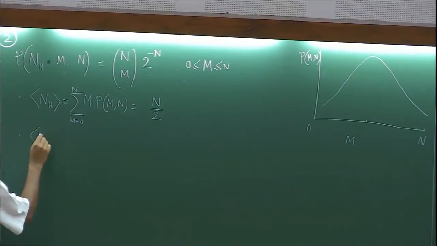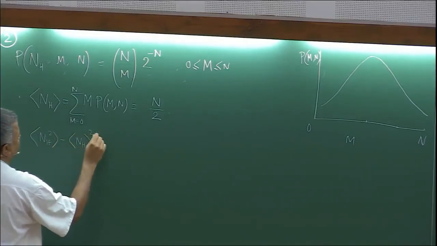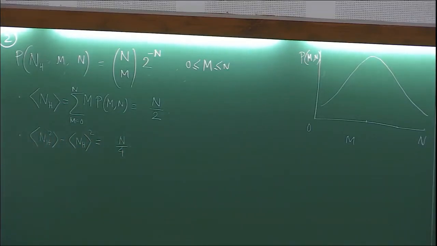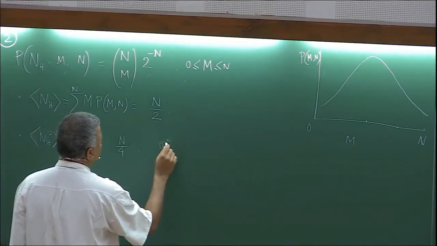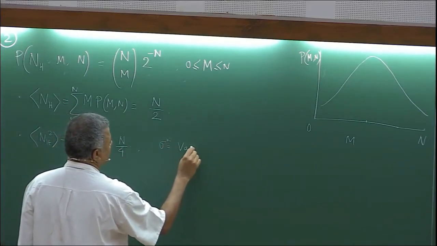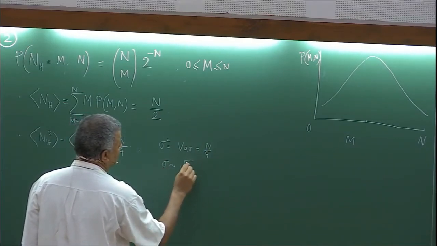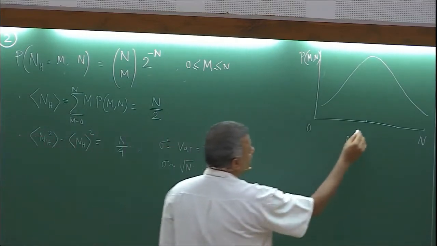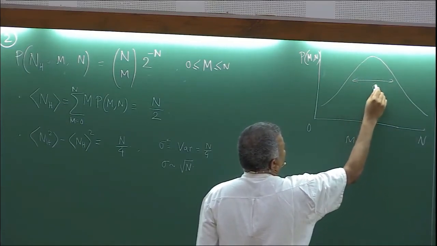And if I look at the variance of this, that will be just n over 4. So sigma scales like square root of n. It fluctuates around its mean value. The mean value is here, and the typical fluctuation is of order square root of n.